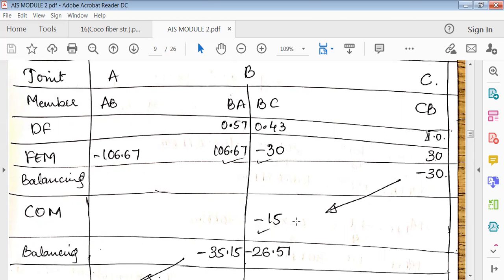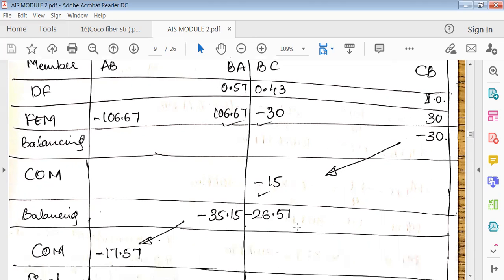Half of the moment gets carried over here. So this is the carryover moment. It gets carried only from CB to BC. That's all. The adjacent support to C is B, so only in the BC span it will get carried over.